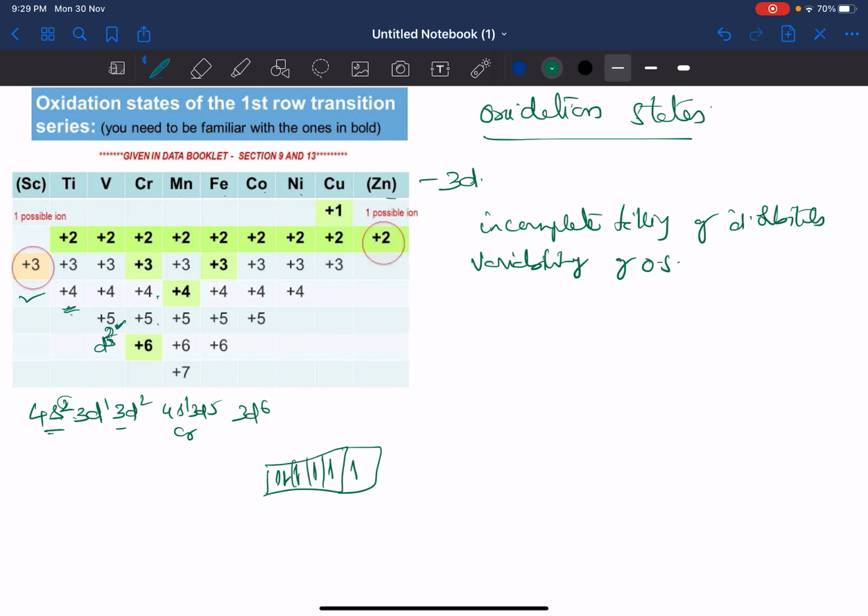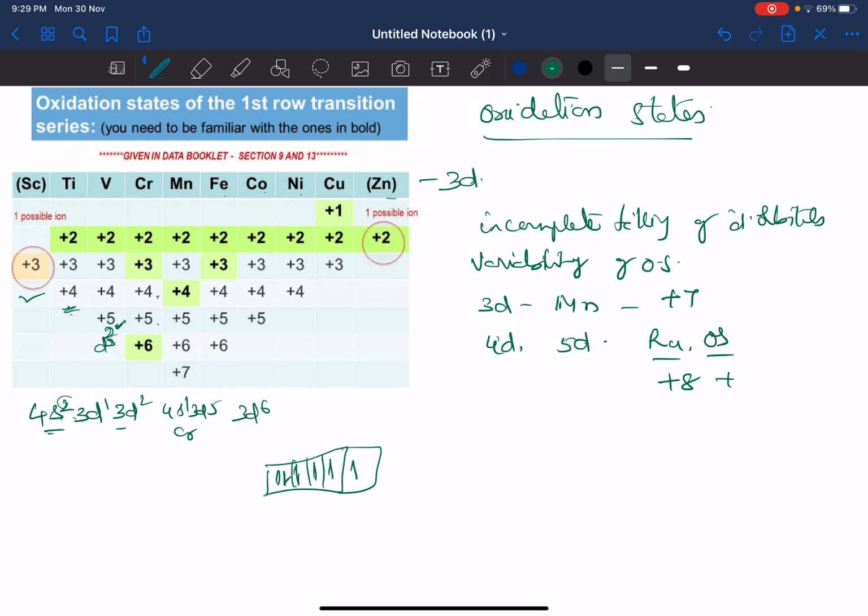So what are the elements showing maximum oxidation numbers? In the 3d series, it is manganese, that is +7. And in the 4d series and 5d series, it is ruthenium and osmium.